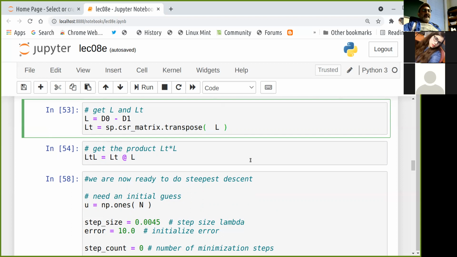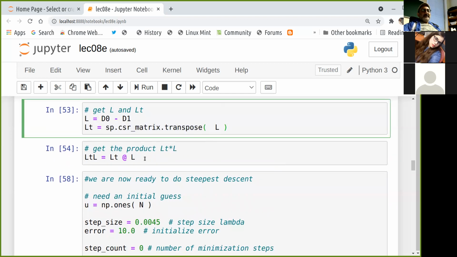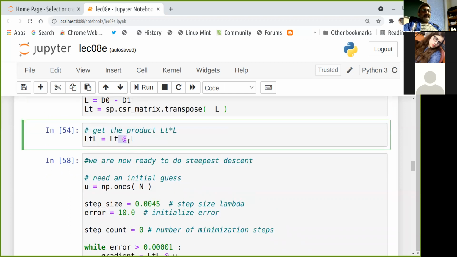And I need, for my gradient, what was my gradient? It was L transpose times L. So I'm going to get L transpose times L. And note this here, for the matrix multiplication, I'm using this @ symbol. I think that's new in Python 3. I don't think it was in Python 2.